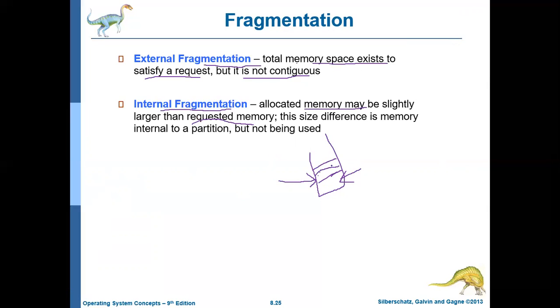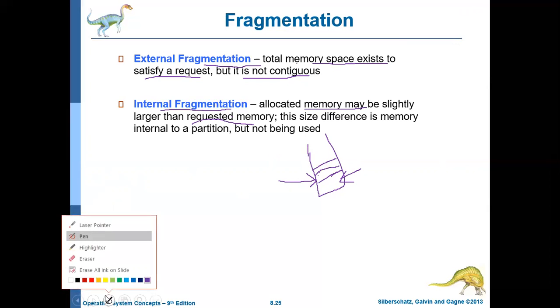If the process requests more, then you have to allocate more than one slot. In that case, in the last slot, there will be some fragmentation. So basically, internal fragmentation is created by fixed size partitioning, and external fragmentation is created by variable size partitioning.